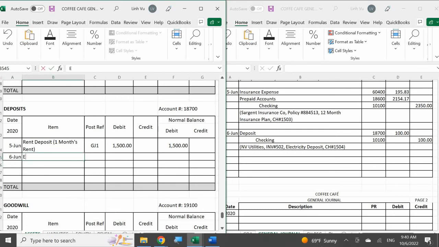This is an electricity deposit for $100. So therefore, how much should I have in my deposits account? 2150?